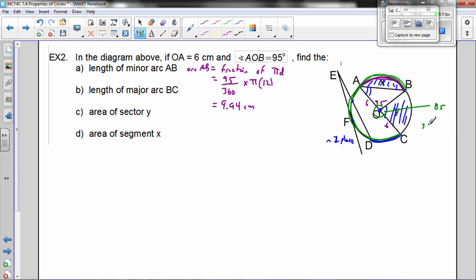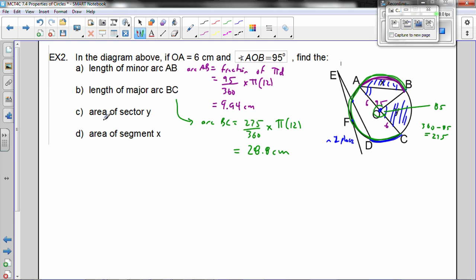Well, it's going to be 360 all the way around, subtract 85, which is 275. And again, it's just a fraction of the circumference. Arc BC is 275 over 360. I bash that into a calculator, and I get about 28.8 centimeters.